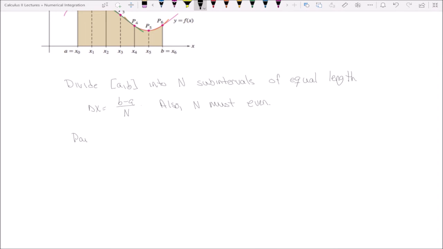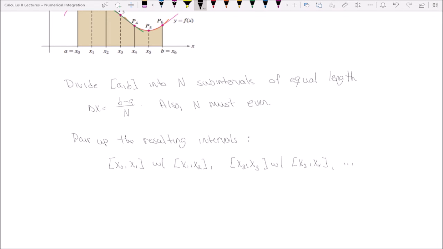Now what we do is pair up the resulting intervals. That is, the interval x0 to x1 gets paired up with the interval x1 to x2. Then the interval x2 to x3 gets paired up with the interval x3 to x4, so on and so forth.